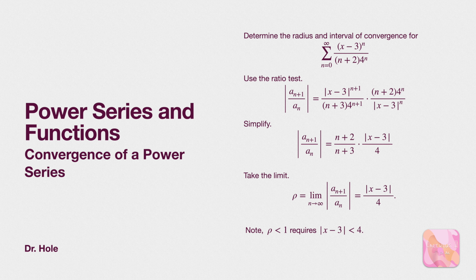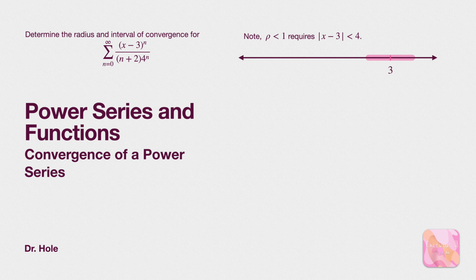All right, so let's analyze this. Note that our center of this power series is 3, and that the x's can stray away from 3 no more than 4. Draw a nice little number line, pick off 3 on the number line, and then center an interval of radius 4 about 3.